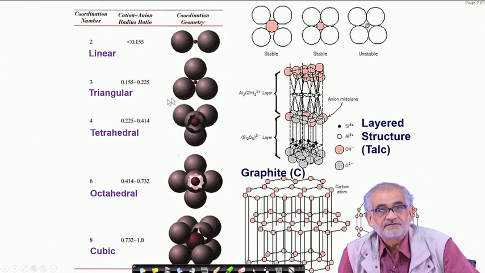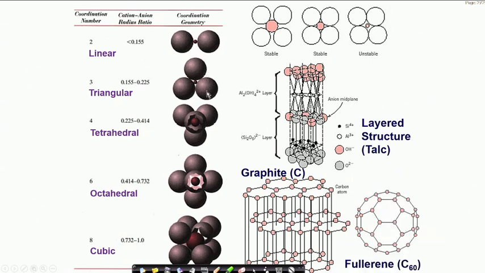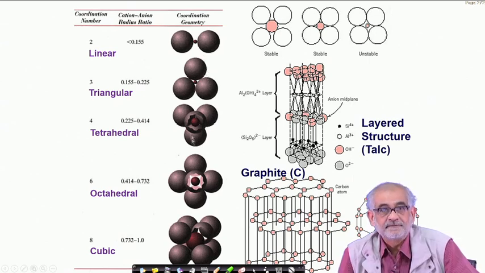If the ratio is between 0.155 and 0.225, the species can enjoy a triangular coordination, not in 3 dimensions as yet. These two are still in 2 dimensions.